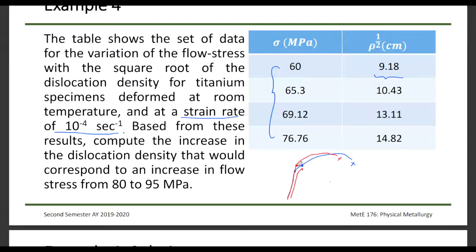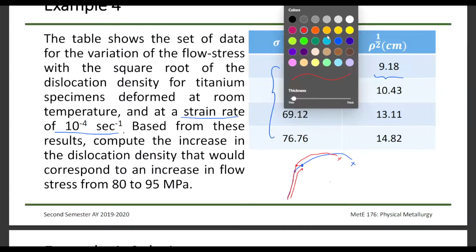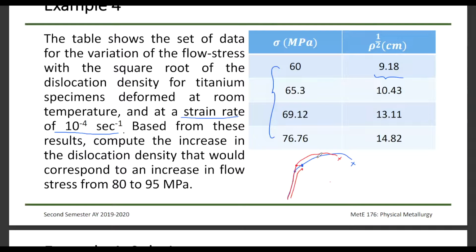Parang ganyan. Now, if I did that again, kunwari, tumigil ako, let me use another color, no? Kunwari lang, tumigil ako dito, the same observations will be made, no? Follow pa rin siya ng Hooke's law, dire-diretso pa rin siya, pero hindi siya titigil dito. Titigil naman siya dito kung saan siya last na experience yung flow.